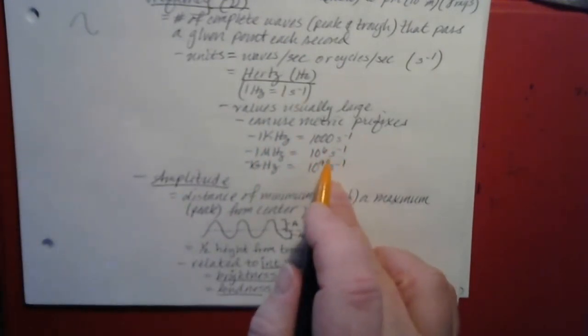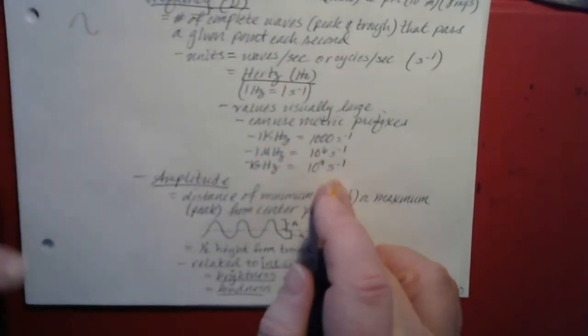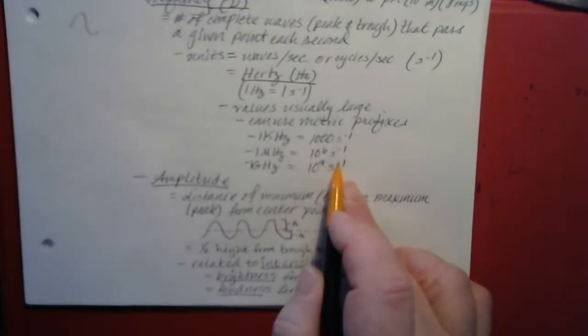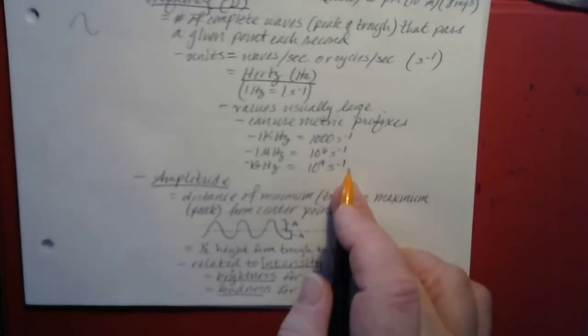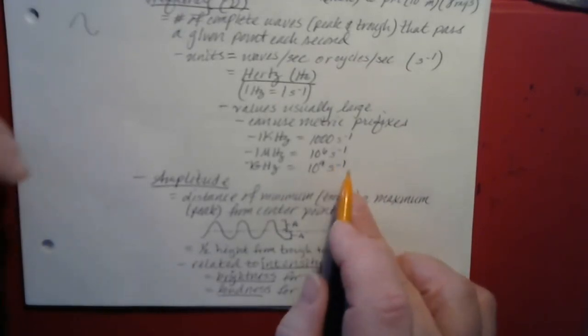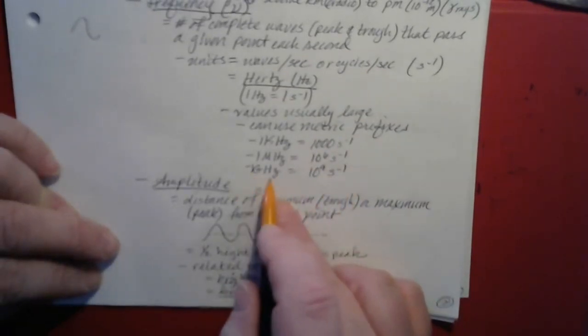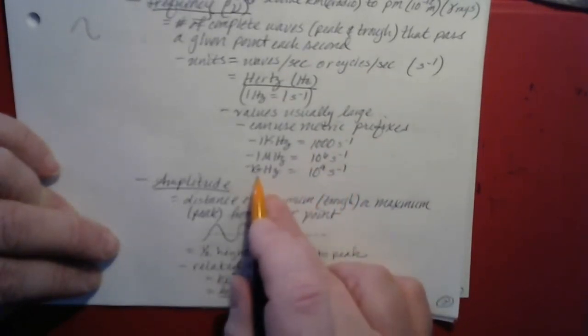So like if you're listening to a radio station with a frequency of 91.3 megahertz, that would mean that 91.3 million waves are passing into your antenna every second. And that's a lot of waves. But even though radio waves have relatively long wavelengths, you still get a lot of them per second. And even gigahertz for a lot of things. Gigahertz would be 10 to the 9th, or a billion waves per second.